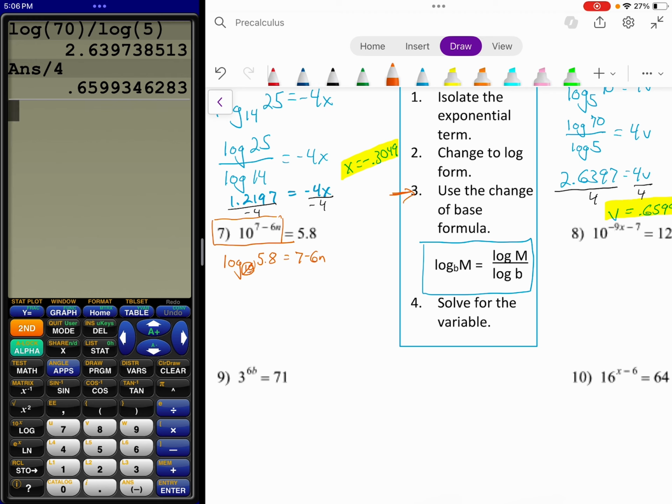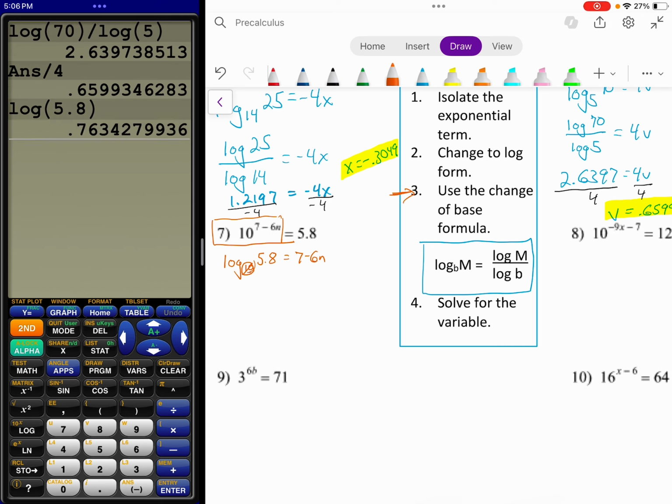So log base 10 of 5.8 is 0.76342 equals 7 minus 6n, and now we're just solving for n.